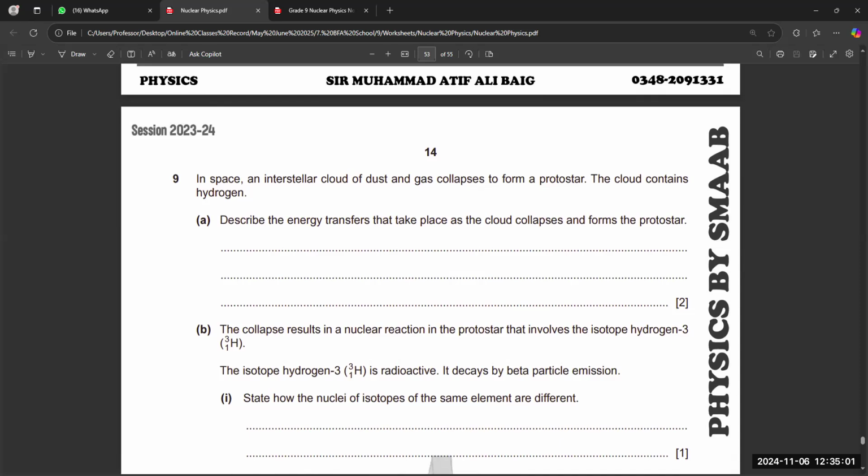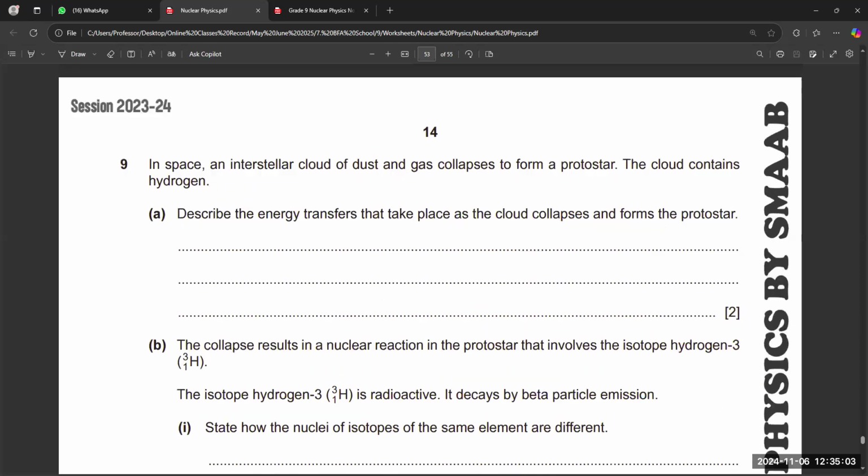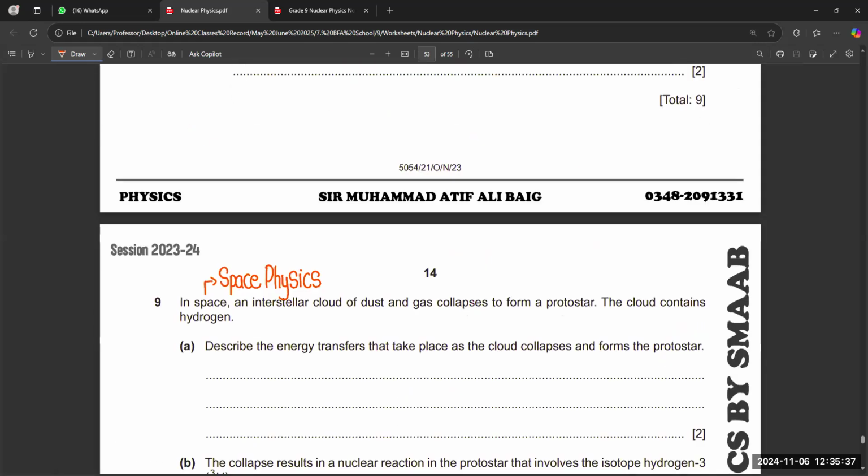These questions, like you can see, mention space and interstellar clouds of dust and gas. This is related to space physics, so we are not working on this question, because this type of question is from the space physics part. We need to study nuclear and space physics first, then we can solve these questions. So we are leaving this type of question from the worksheet, but after learning the concept of space physics, we will definitely solve it again.